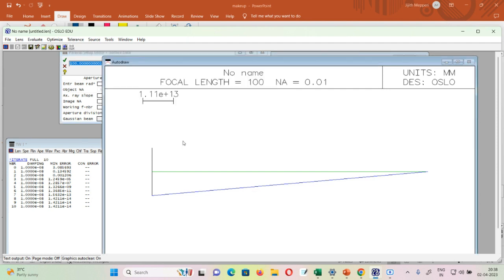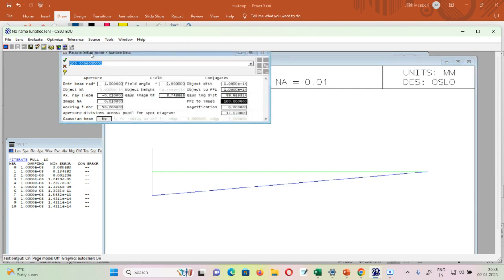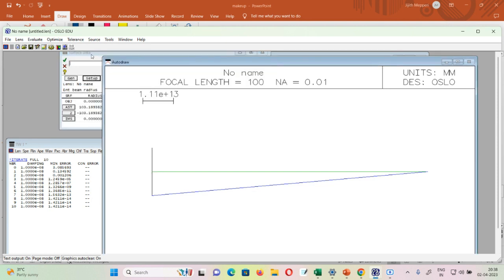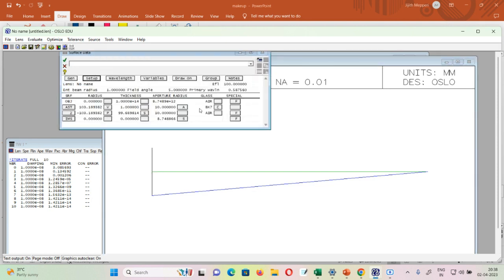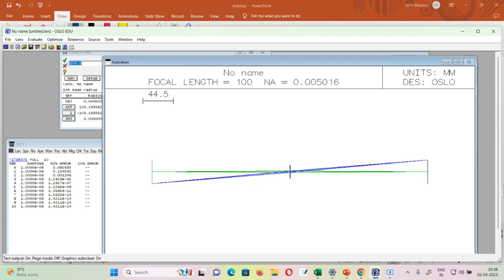Now you can see that I am going to increase the thickness of my lens. For our easy calculation I will put 200 as my object distance, so we can easily understand.